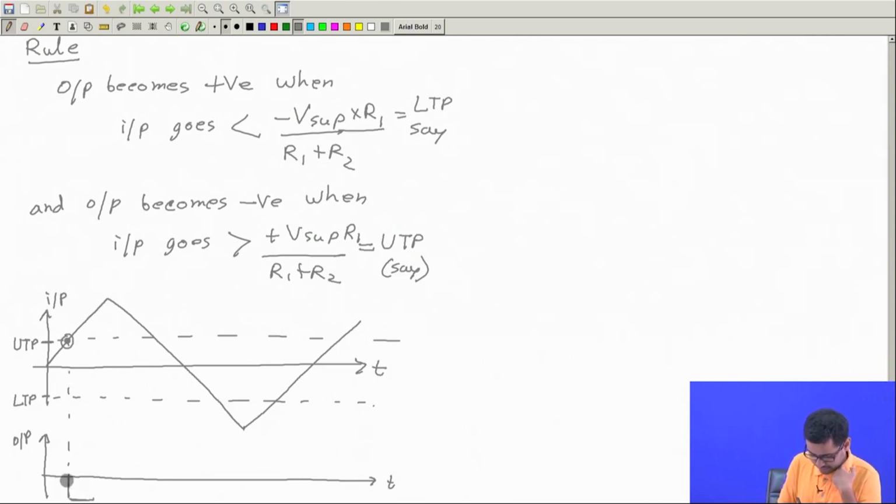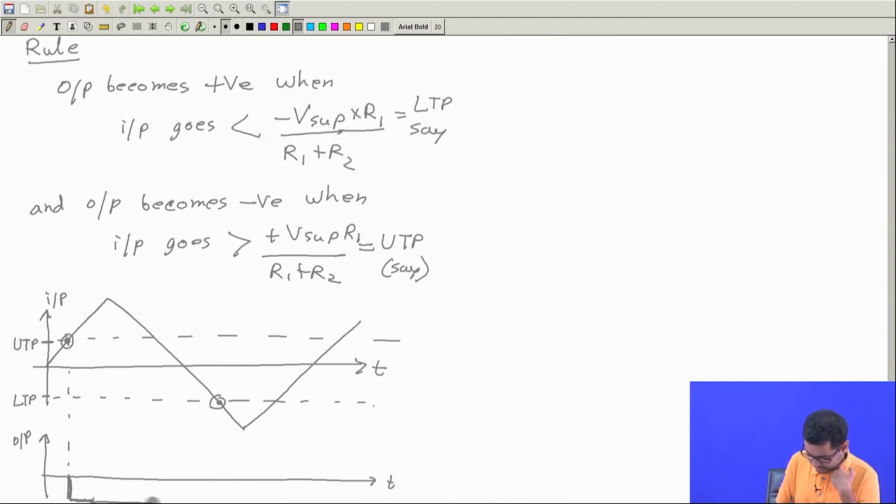I do not know what it was before that, but at this moment it will surely become negative, and it will remain negative until here input goes below this lower trigger point, and then it will become positive.